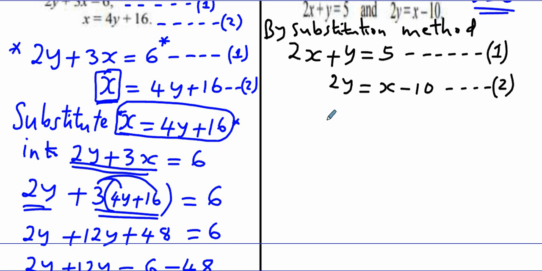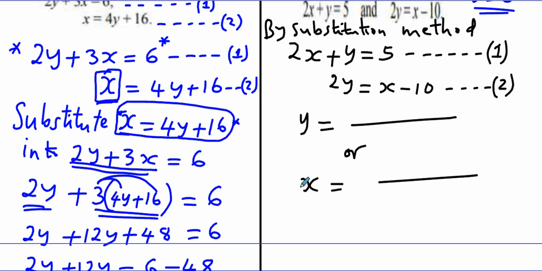In order for the letter to qualify to be the subject, we need such a letter to remain alone, that is, y equals something or x equals something. But there should not be any number here. So for example, in equation number 2, you have 2y equals x minus 10.